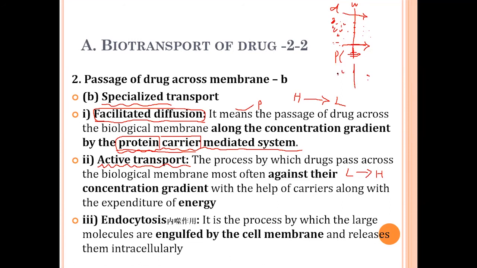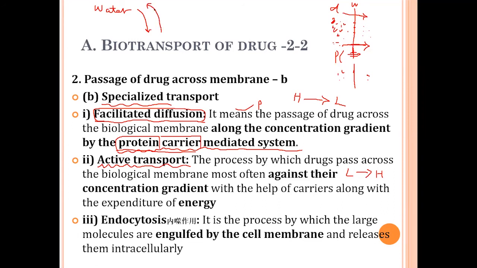Another example for active transport, you can think about water. We know water flows down pretty easily, but it's hard to go from a lower part to a higher part.